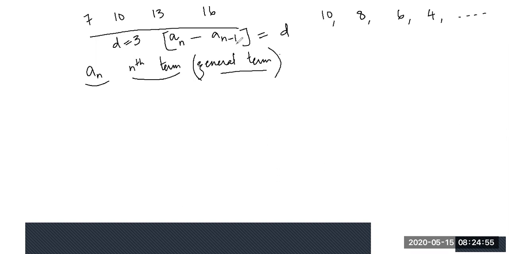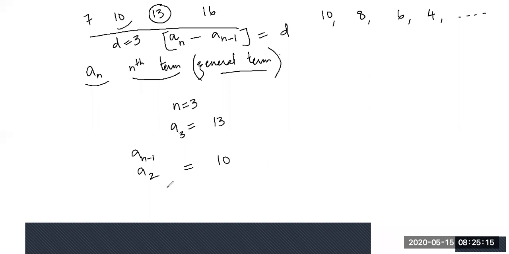Well, don't take it as complicated. An can be the third term, so the value of n is 3. So the third term, I'll write A3, is 13 here. Now, what is an minus 1? In this case, an minus 1 is A3 minus 1, that is A2, which in this case is 10.